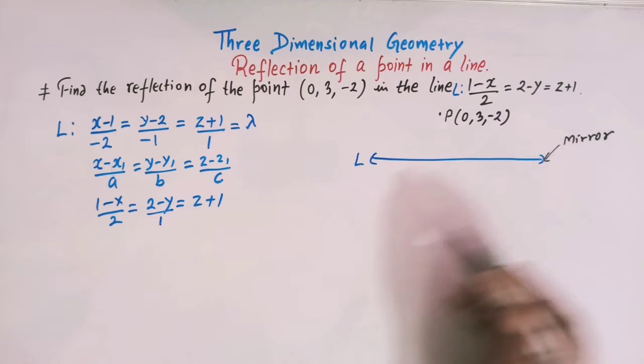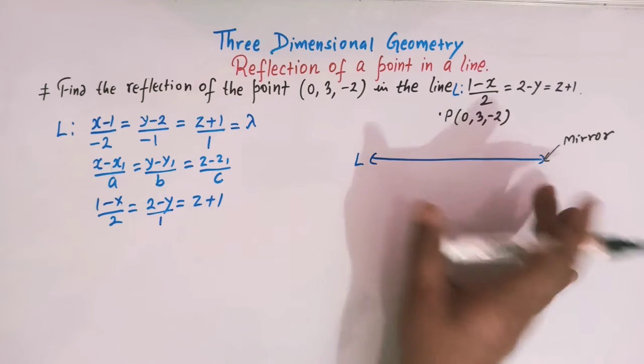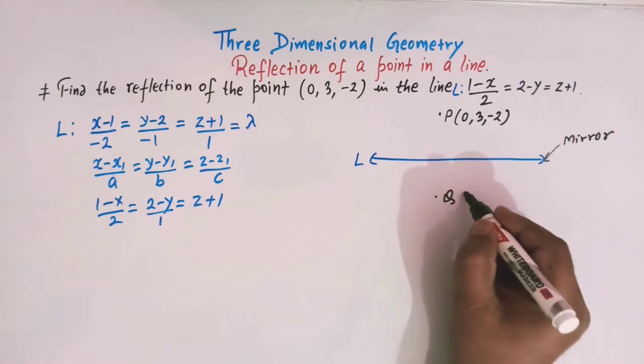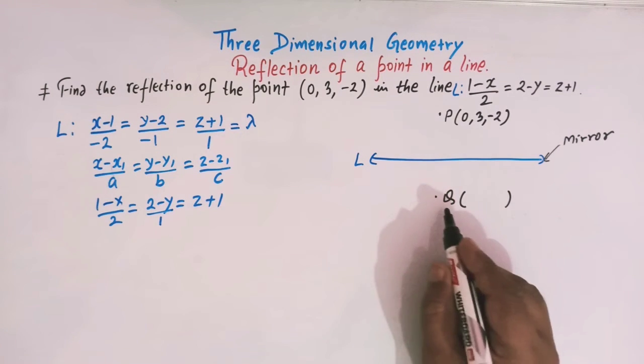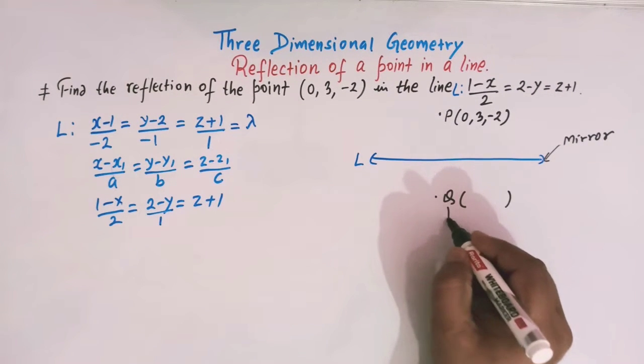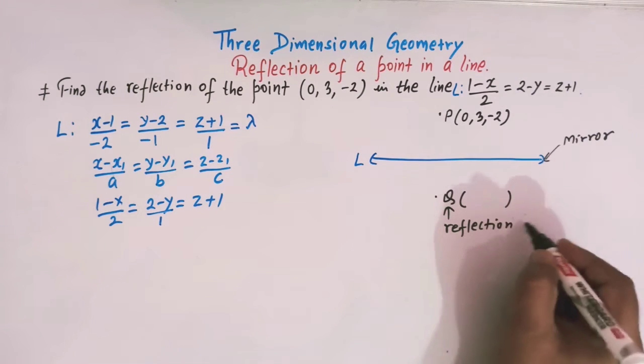And we have to find the image of this point P with respect to this mirror, and the image may lie somewhere here, right? So this is Q point, and let us take the coordinates of the reflection of this point Q. Q is the reflection, right? Reflection or the image, right?